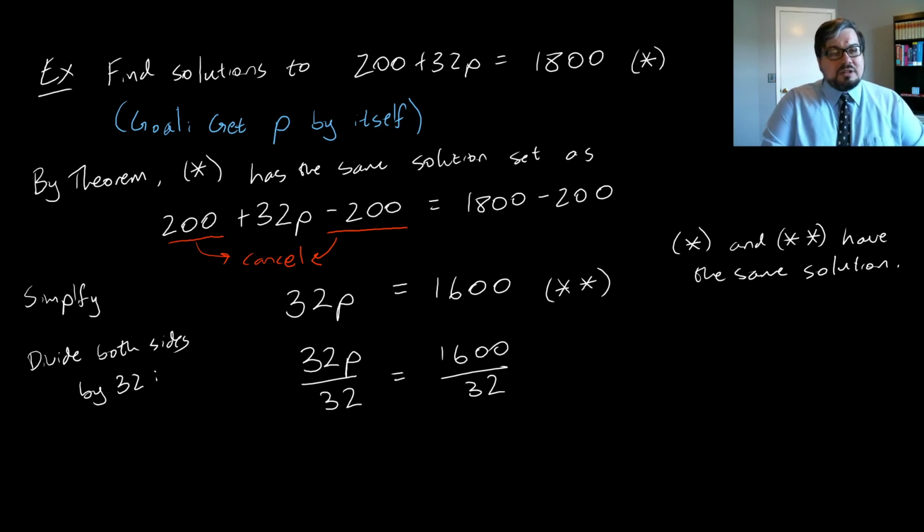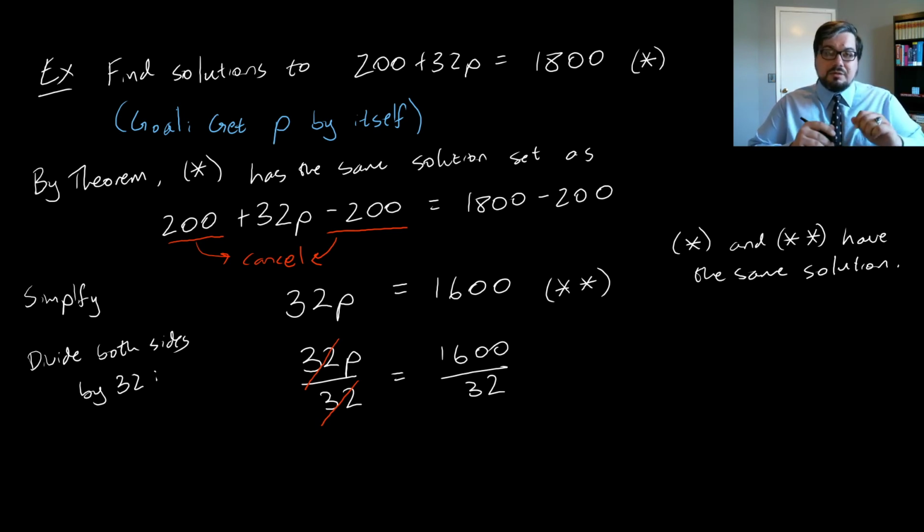Now, once we do this, we want to simplify again. And now we have 32 over 32 on the left-hand side. You've got a 32 in the numerator and a 32 in the denominator, and those are going to cancel out. If I multiply by 32 and divide by 32, those two operations undo each other.